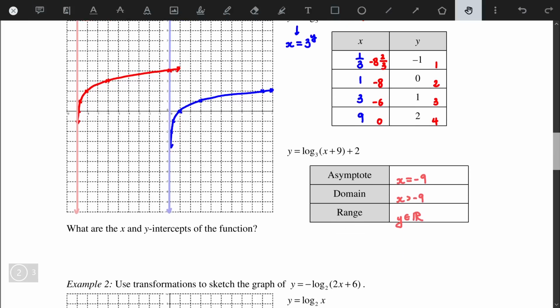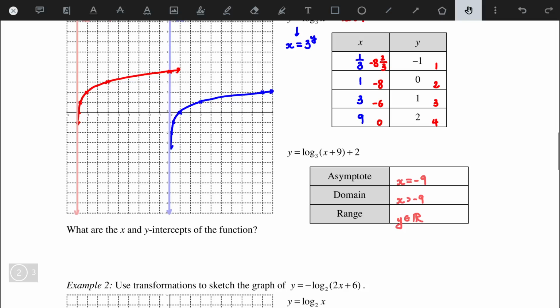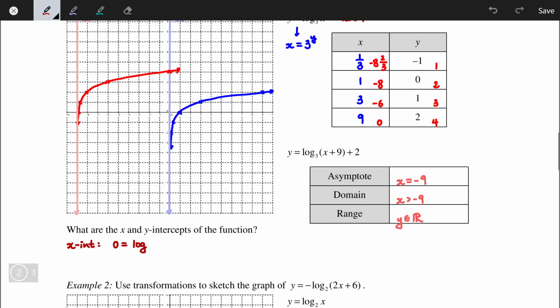Okay, so the next question asks for the x and y intercepts of the function, which we can find algebraically. So let's start with the x-intercept. To find the x-intercept of a function, we let y equal 0 and solve for x. So we have 0 is equal to log base 3 of (x plus 9), and then plus 2. In other words, we have -2 is equal to log base 3 of (x plus 9).